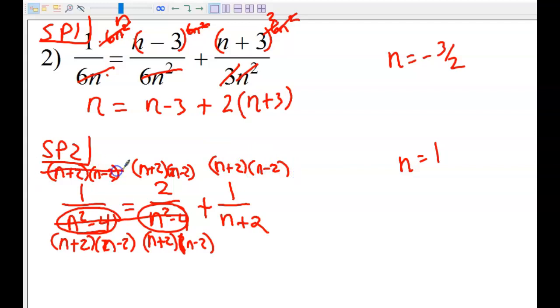Okay, now here, these go away. And what are you left with? 1. Same thing here. These go away, and I'm left with 2. But here, something else happens. The n plus 2's go away, but I'm left with a 1 being multiplied by an n minus 2. And so from there, I'm not going to finish it, but you guys have the idea at that point. So factor first.